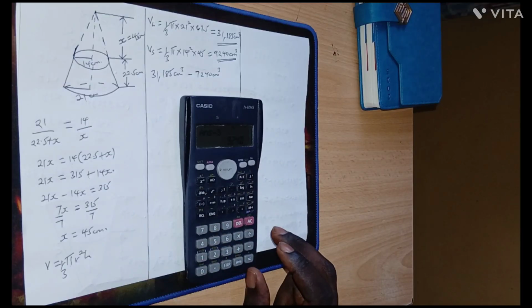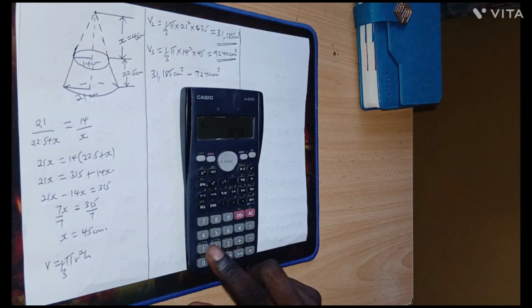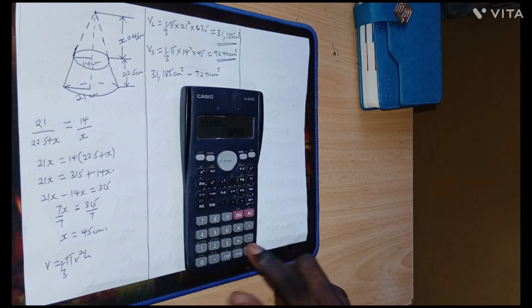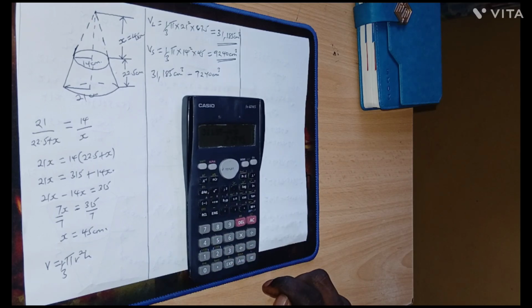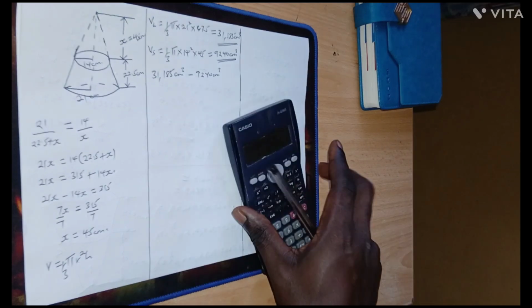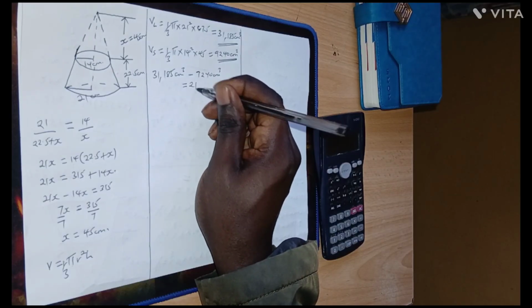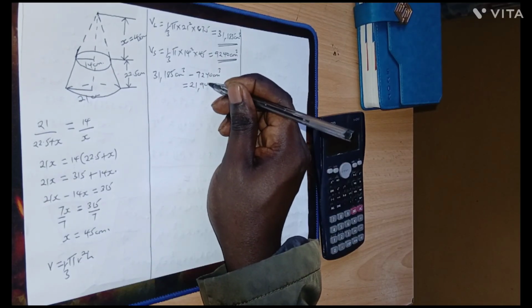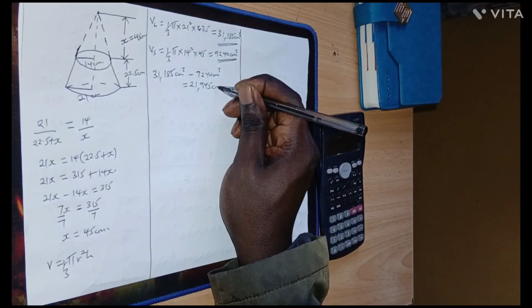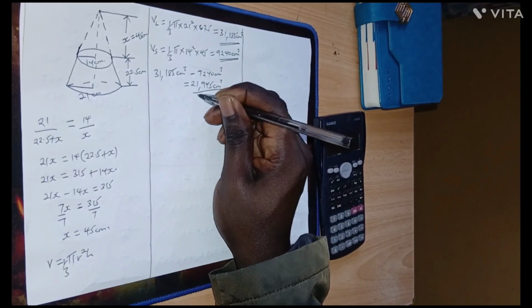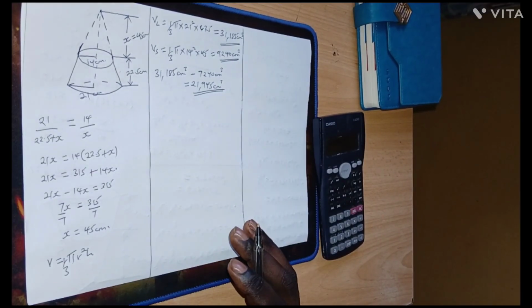So 31,185 minus that is going to be 21,945. We're going to get 21,945 centimeters cubed as the volume of the frustum, okay?